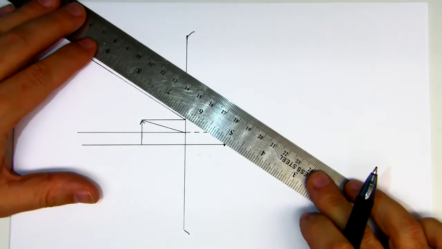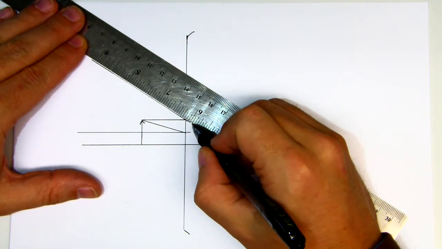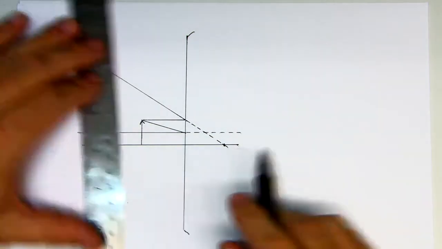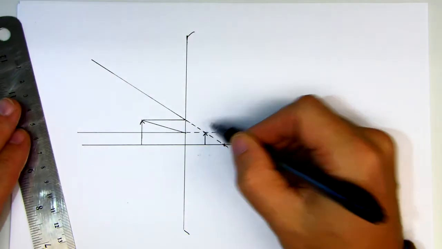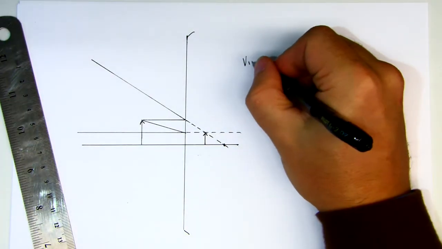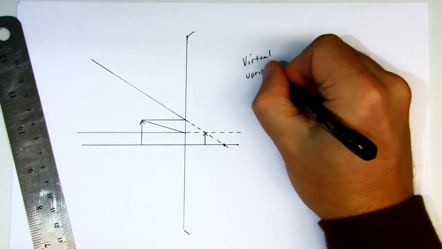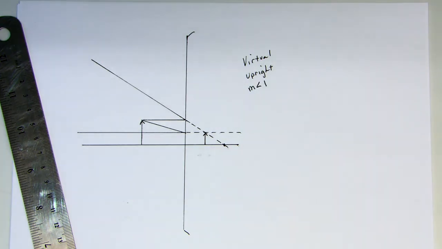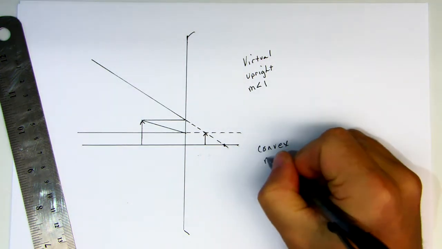And if I extend this one out, imaginary, I see that these cross here, so this is my image. It's a virtual image, it's upright, and M is less than 1. Okay, this was a convex mirror.